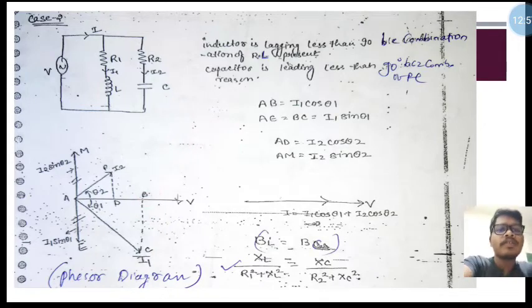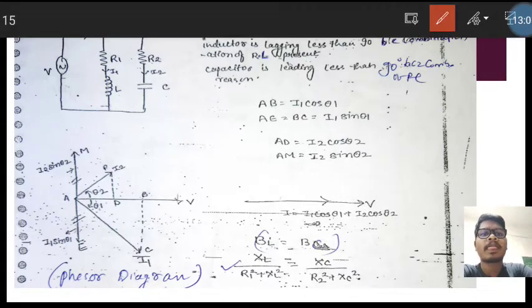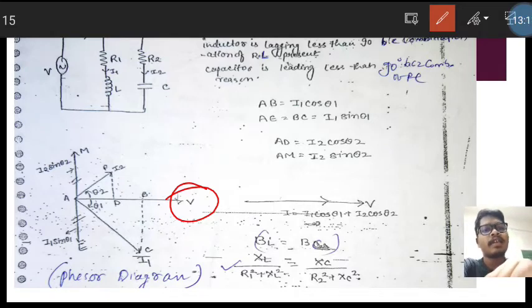So let's come to the phasor diagram. This is the supply voltage. I have already told you that in a parallel combination we take the voltage as the phasor reference. So take the reference voltage as our phasor.